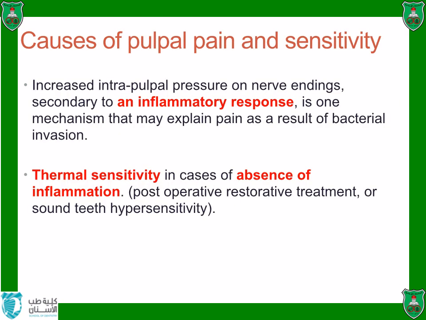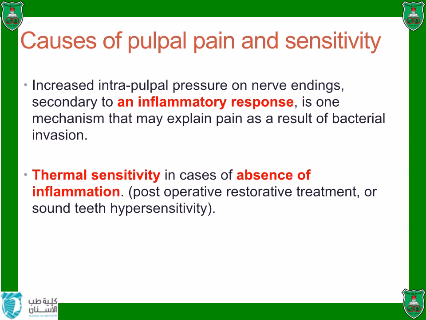Now let's move to speak about pulpal pain and sensitivity. There are many causes for pulpal pain. The first one is increased intrapulpal pressure on nerve endings, secondary to an inflammatory response, and this is the mechanism that happens because of bacterial invasion.